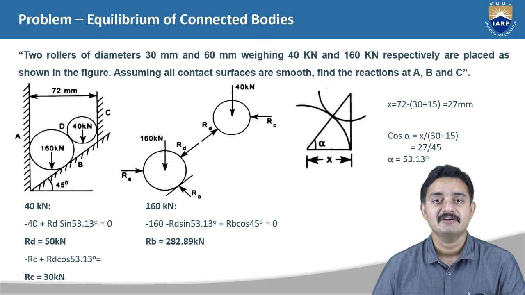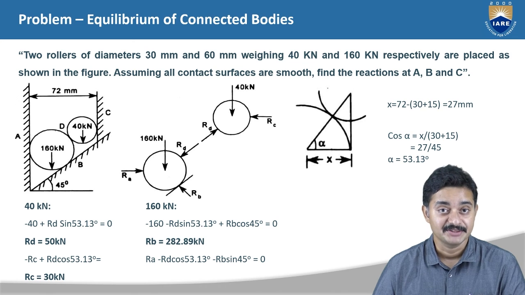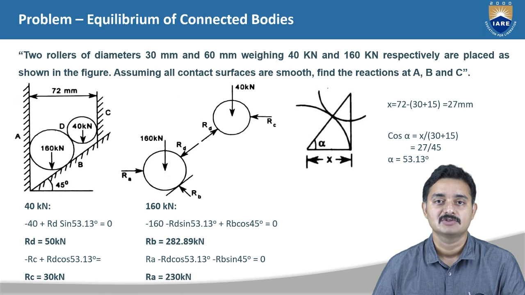Also, sigma Fx is equal to 0 implies RA minus RD cos 53.13 degrees, as the component is acting in negative direction, minus RB sin 45 degrees, as the component is acting in negative direction, is equal to 0. Solving this, we get RA is equal to 230 kilonewtons.